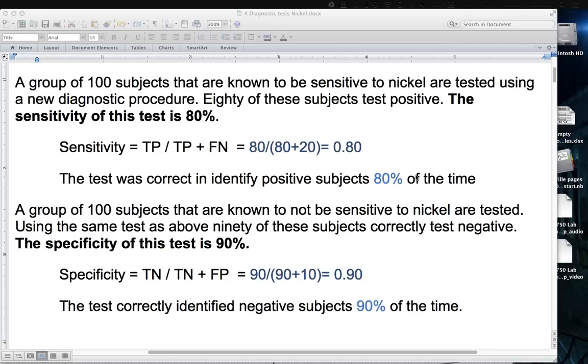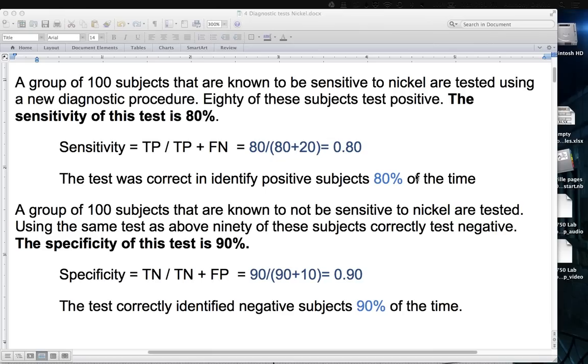If I gave a screening for prostate cancer, right, that might have a sensitivity of, say, 60%. Well, what does that mean? That means that 40% of the time it'll miss people that have prostate cancer. 60% of the time it'll correctly identify people that have it.